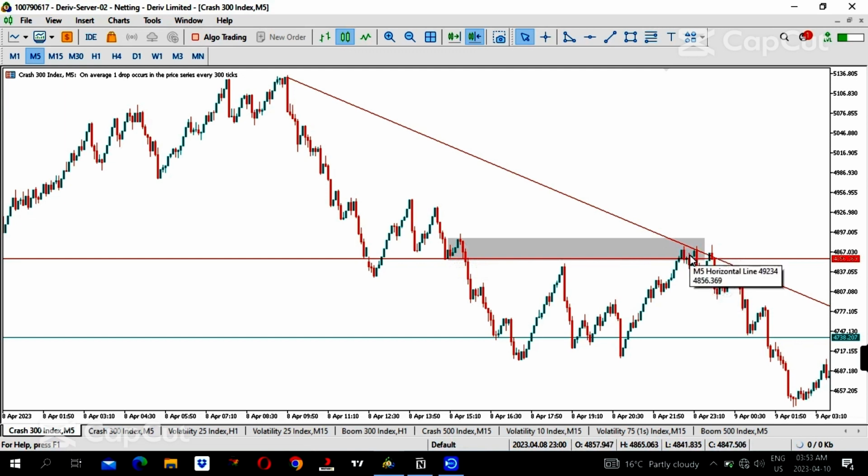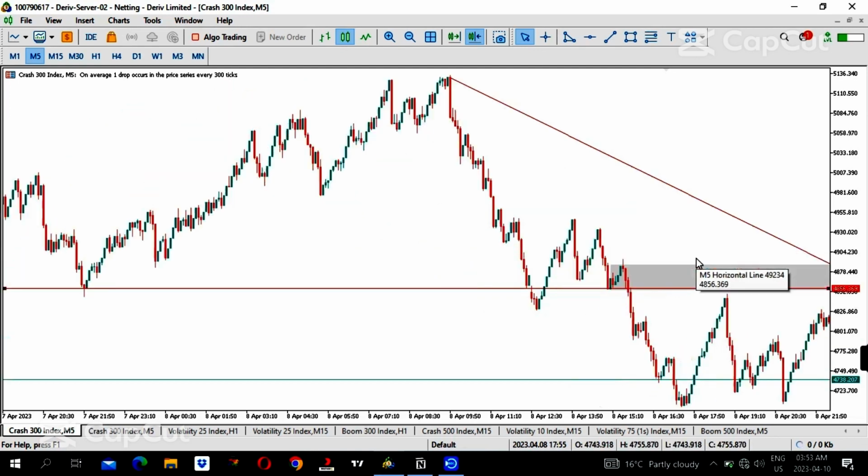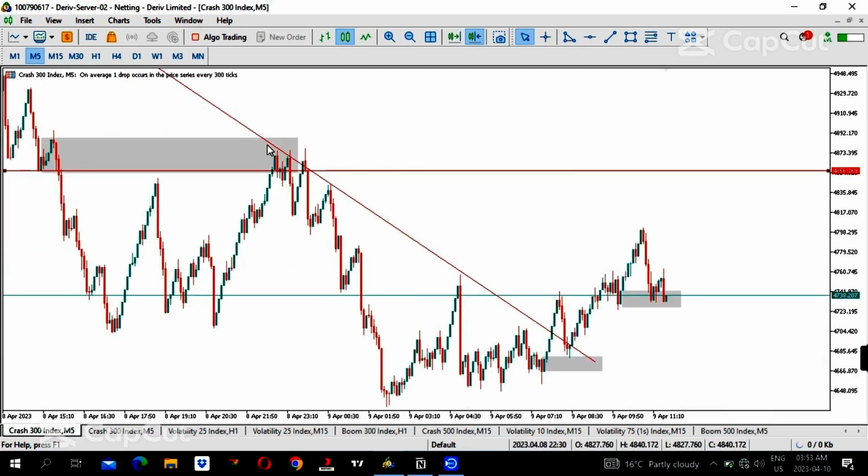We've also got a flip zone over here: the previous support gets broken and is now a resistance. If I'm using price action, that's a valid entry point. It's showing rejection over here and over there. This candlestick shows me rejection. That's the price action point of view.